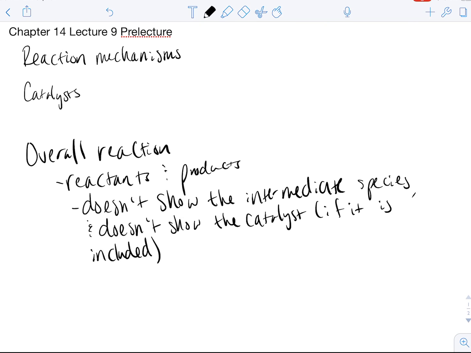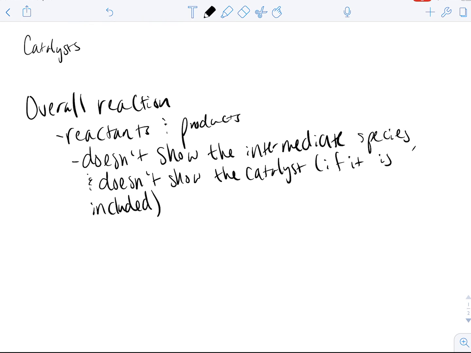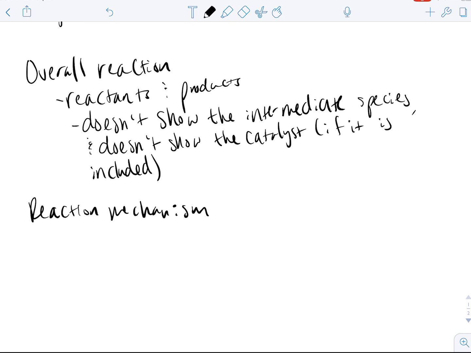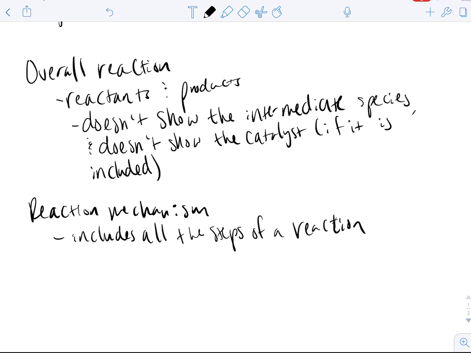Today we're going to look at what's called a reaction mechanism, which has all the steps of a reaction. To think that a reaction occurs in one simple step is incorrect.